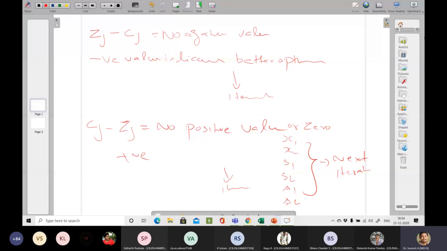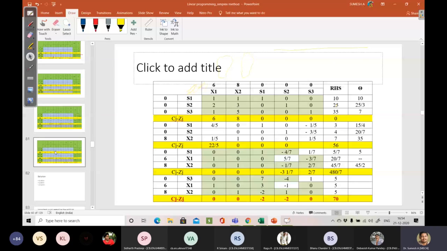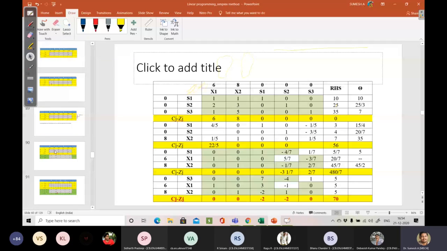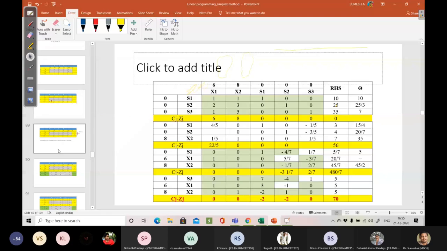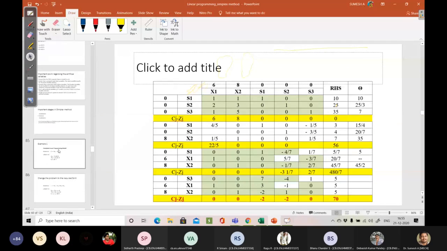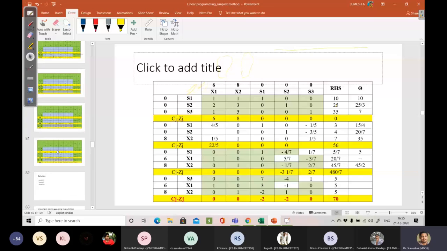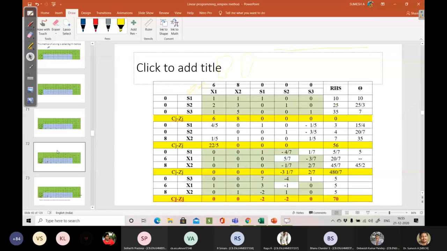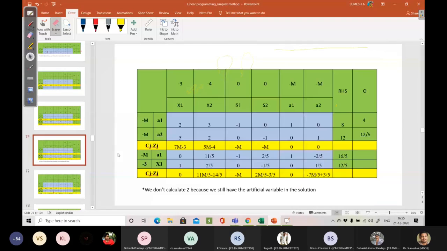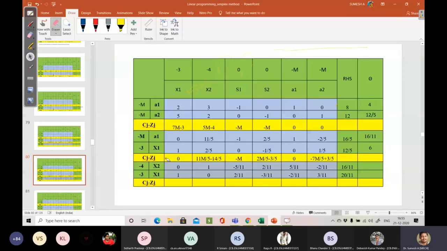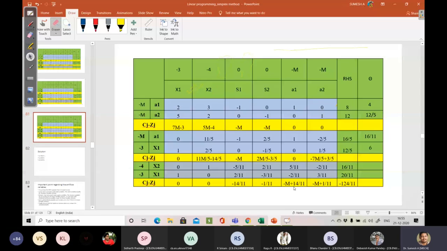So we have calculated here, we got the result 16 by 11 for x2, x1 is 20 by 11, and -124 by 11 for the maximization set.